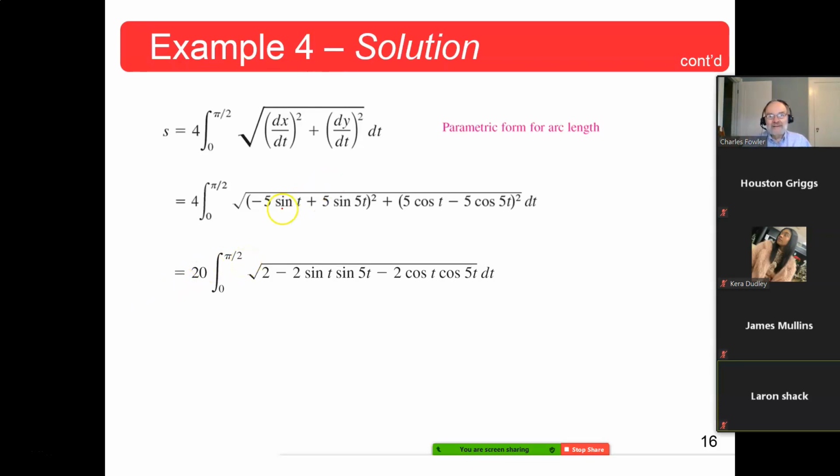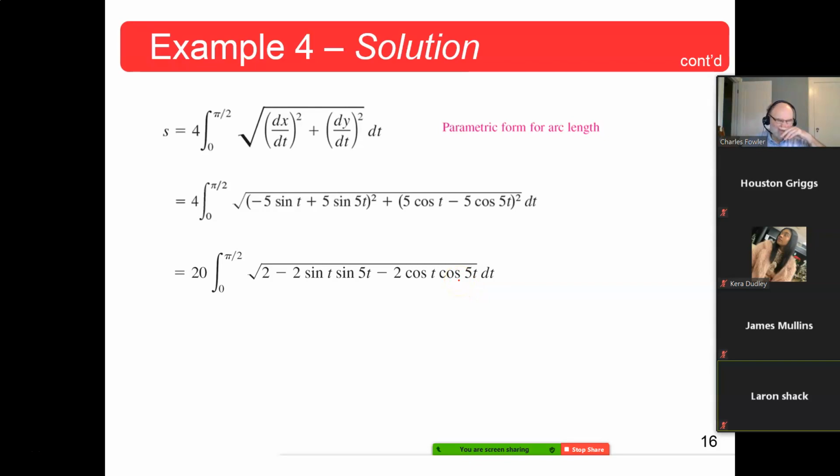Okay. Now remember, you factored out the 5's. In the middle term you have minus 2 sine t sine 5t. That's where this one comes from. And the middle term would have been, because we're already taking care of the outer terms, inner, first and last, minus 2 times the cosine t cosine 5t.